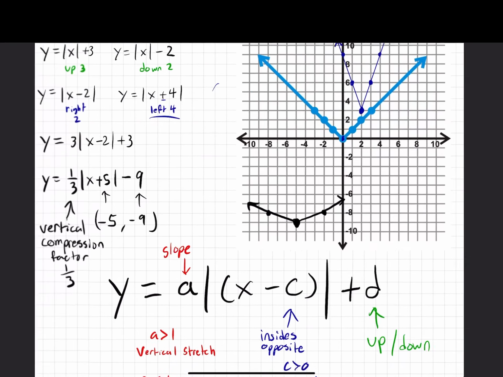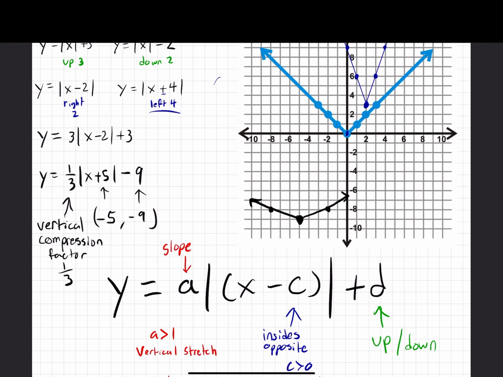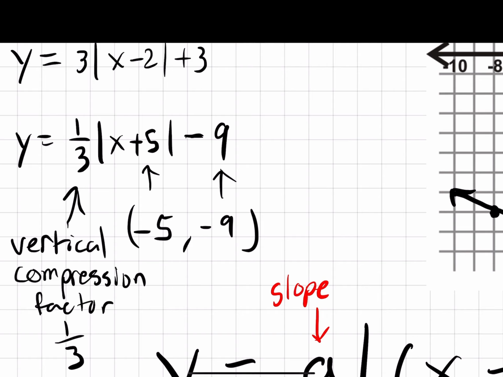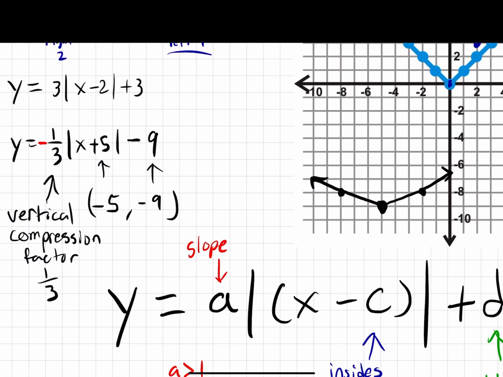So let's say I take that function and I say, I don't want it to open up. I want it to be maybe the blueprint of a really flat roof. Then all I have to do is take 1/3, that vertical compression, and make it negative 1/3. And the second it becomes negative, nothing else changes. I'm still at a vertex of negative 5, negative 9. I went left 5, down 9.